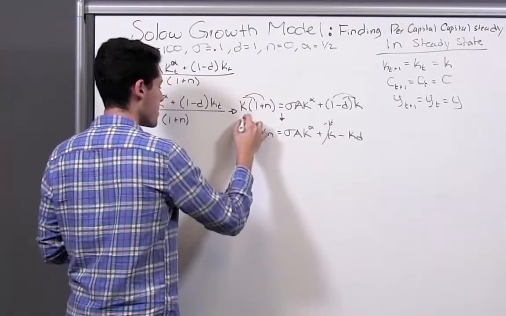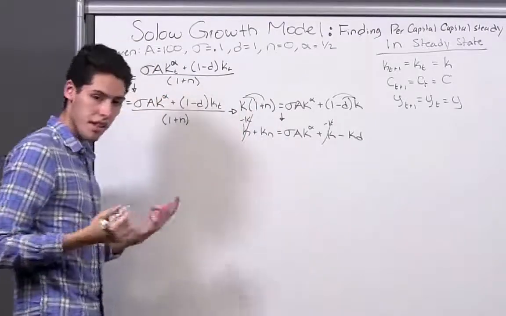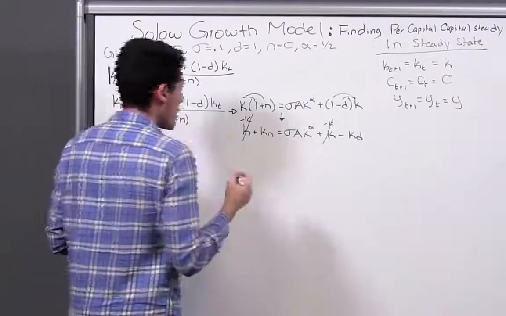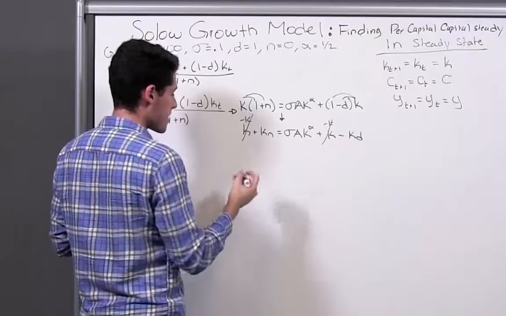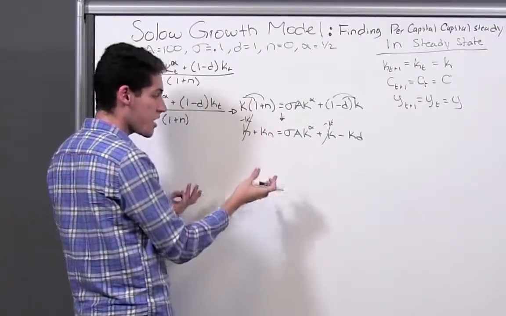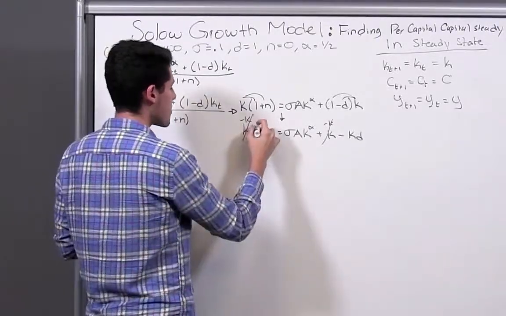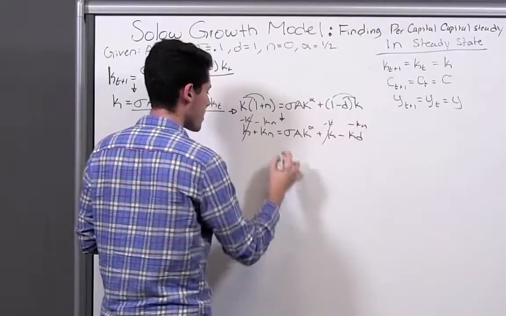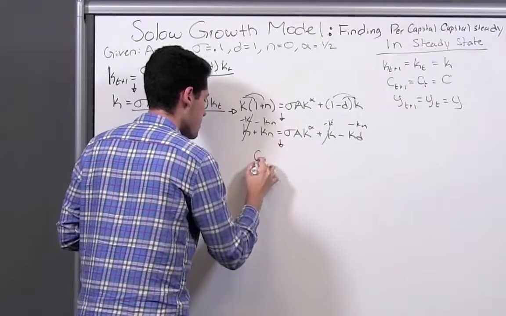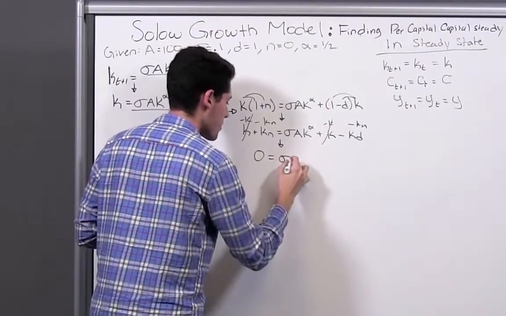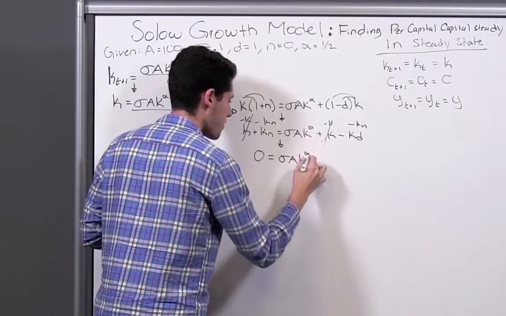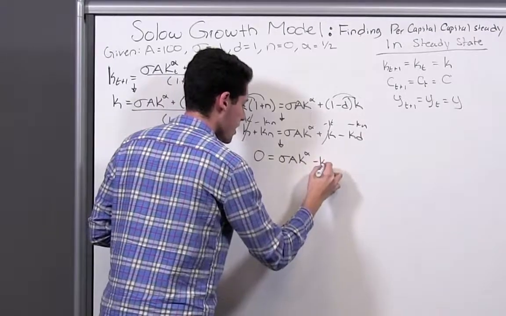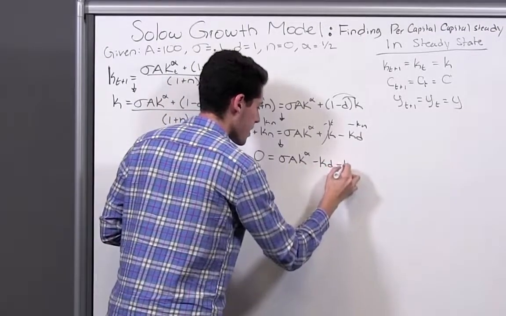And then, in the steady state, the change in capital is always 0. So let's subtract Kn from both sides, which takes us to 0 is equal to sigma A K to the alpha minus Kd minus Kn.